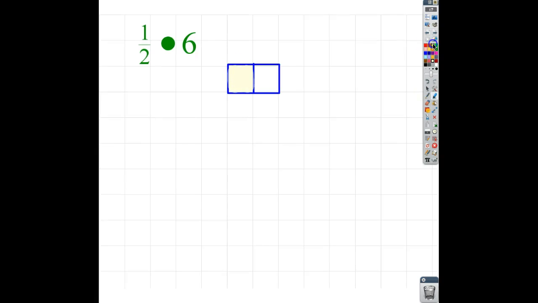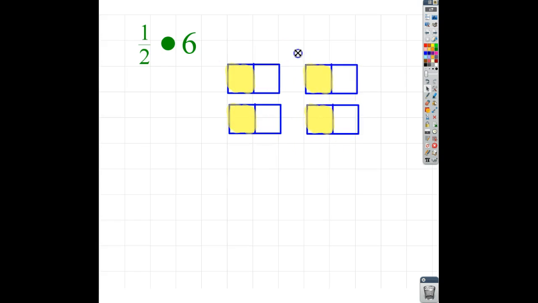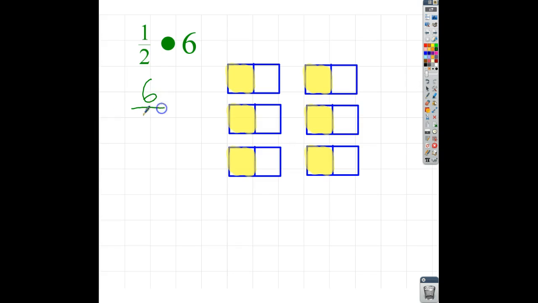And so I'm going to get this thing 6 times, again and again. And so what I'm going to get is 1/2 6 times. Well, if I put this all together, that's 1, 2, 3, it's 6 halves, which when I put that all together makes 3 wholes.